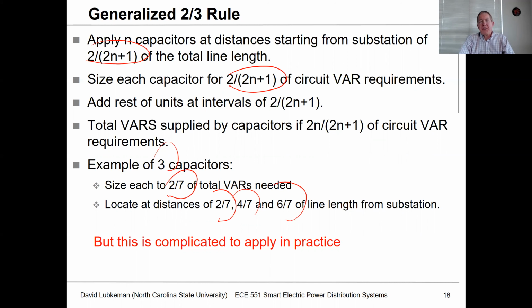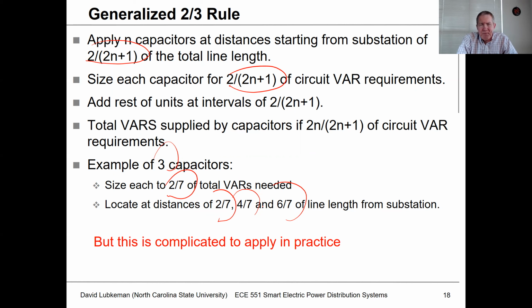The problem you run into with this generalized 2/3 rule is it's rather difficult to apply in practice. Because if you're talking about multiple capacitors, first of all, this is going to be more expensive. The other thing is you might not have access to these locations on the feeder. And then you'd have all these weird size values for these capacitors.